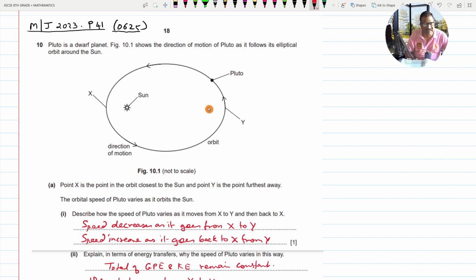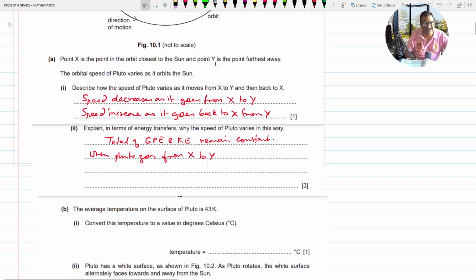As it goes to Y, the distance is increasing, so we can write that when the planet goes from X to Y, the gravitational potential energy increases.